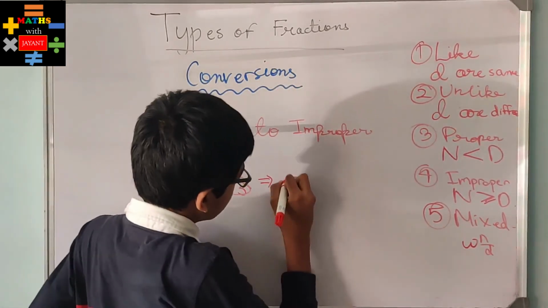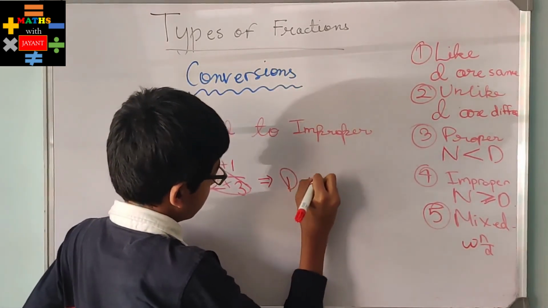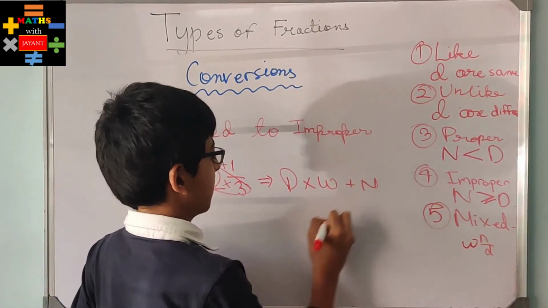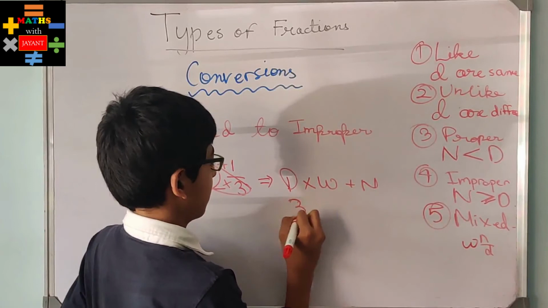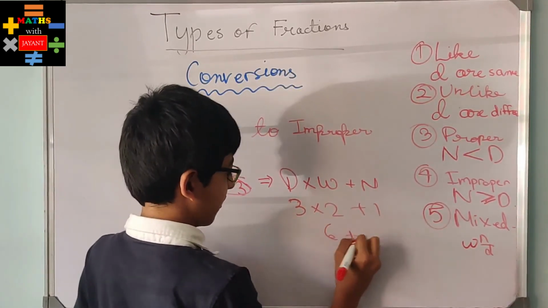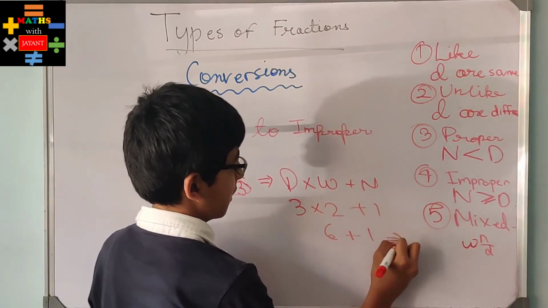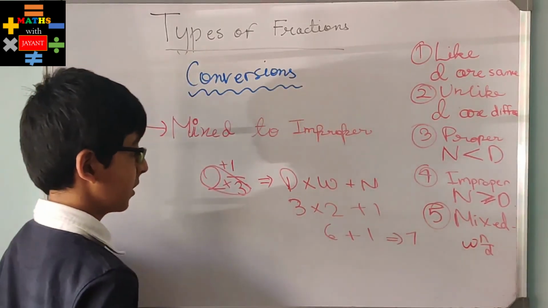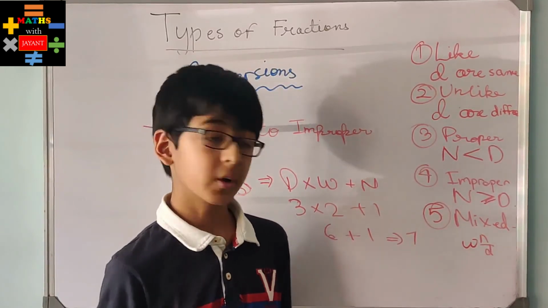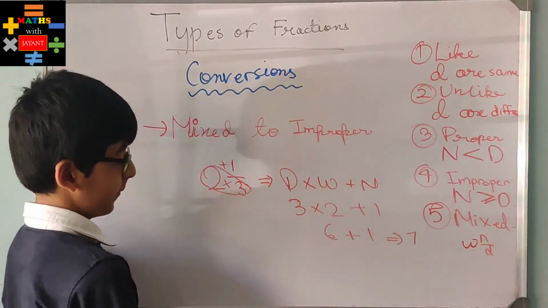So we are going to do our denominator into the whole number, and on this we are going to add the numerator, which is 3 into 2 plus 1. 3 into 2 is 6 and 6 plus 1 becomes 7. Okay, so are we done? Look over here, we got 7.